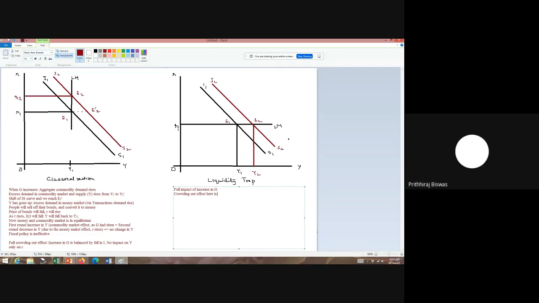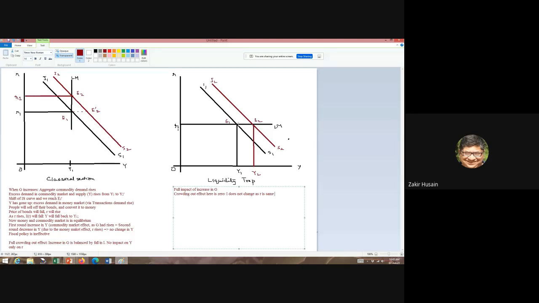Zero. It is 0. I does not change as R is constant here. There's no change in R, so I remains the same.